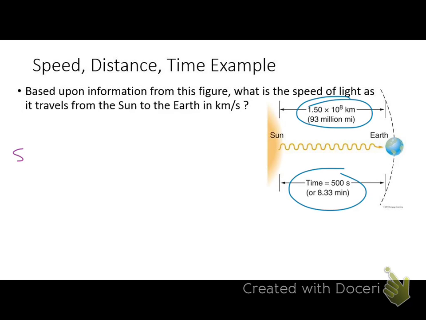So we'd say speed is equal to distance, which is 1.50 times 10 to the 8th kilometers, divided by the time. And it looks like they want units of kilometers per second. So we're going to go with this 500 seconds.